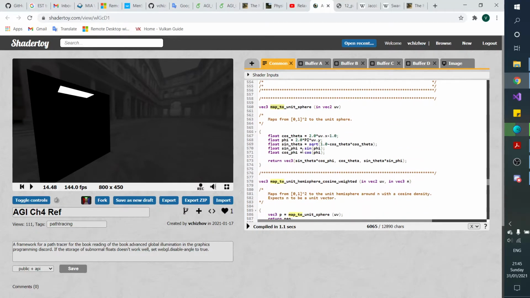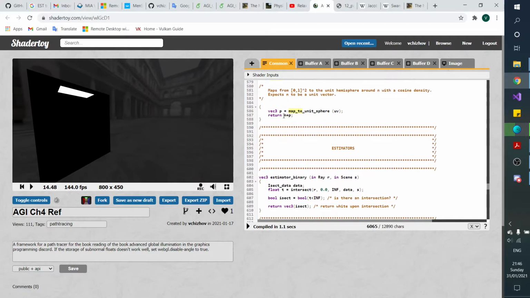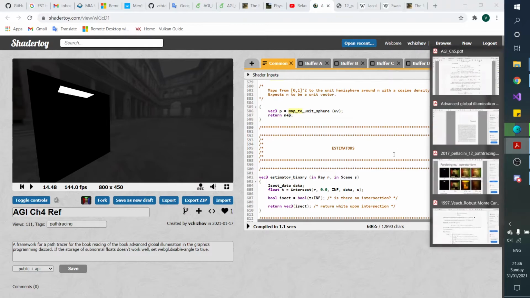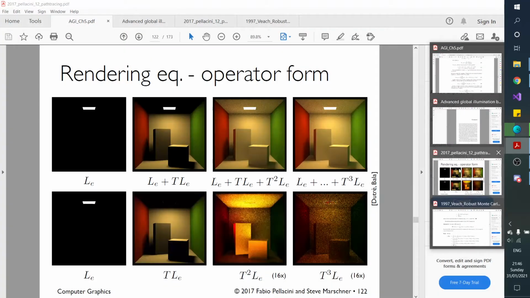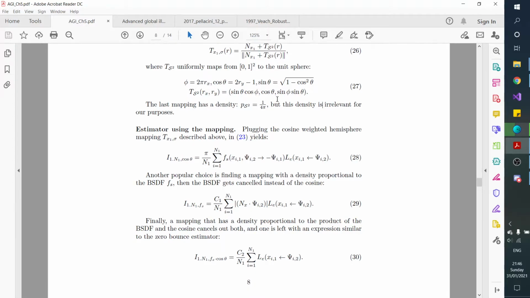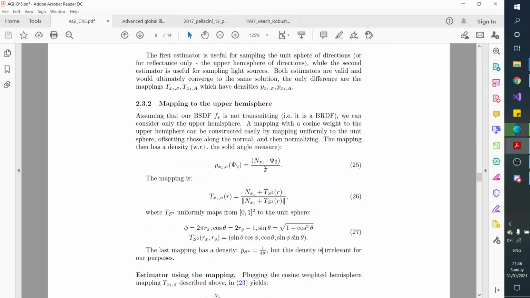So you can see the mapping to the unit sphere, and then the mapping to the cosine weighted, simply as mentioned: the normal plus a point mapped to the unit sphere, and you can normalize if you want to. It's not strictly necessary because the directions are equivalent regardless of whether they're normalized. So that's how you would generate your directions.